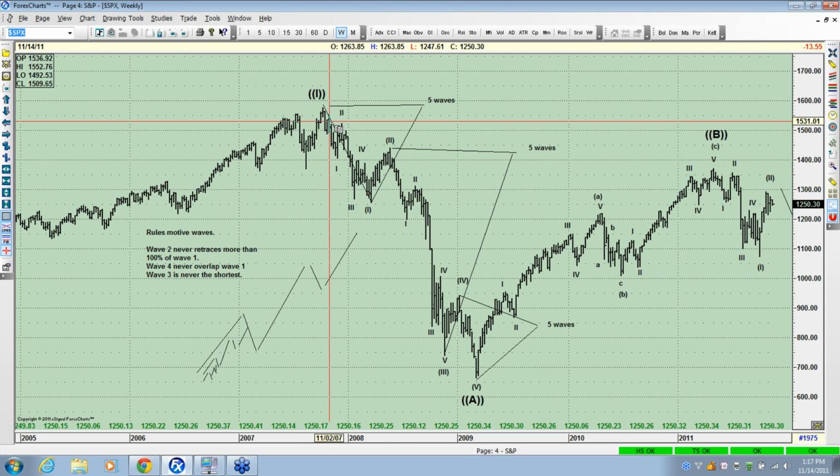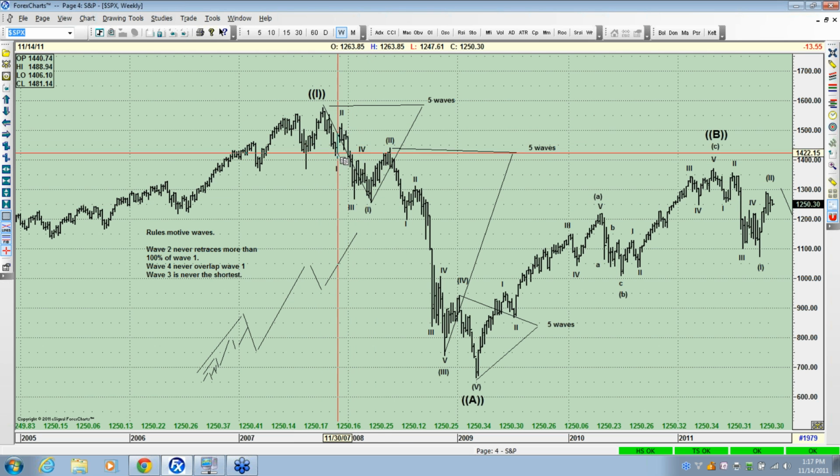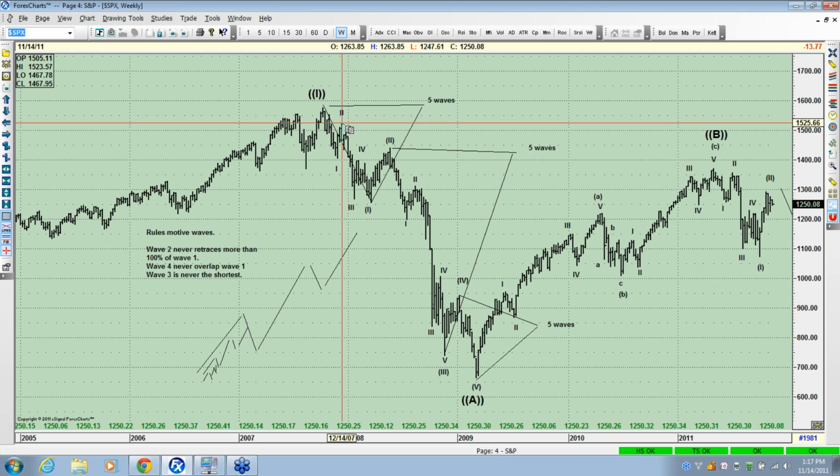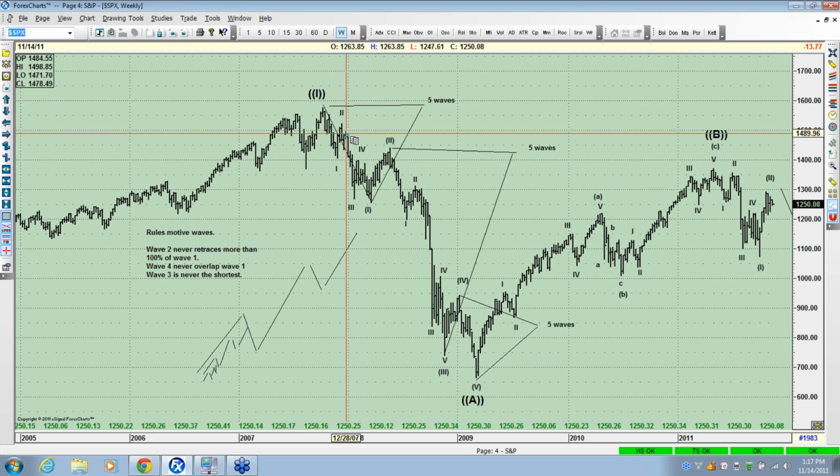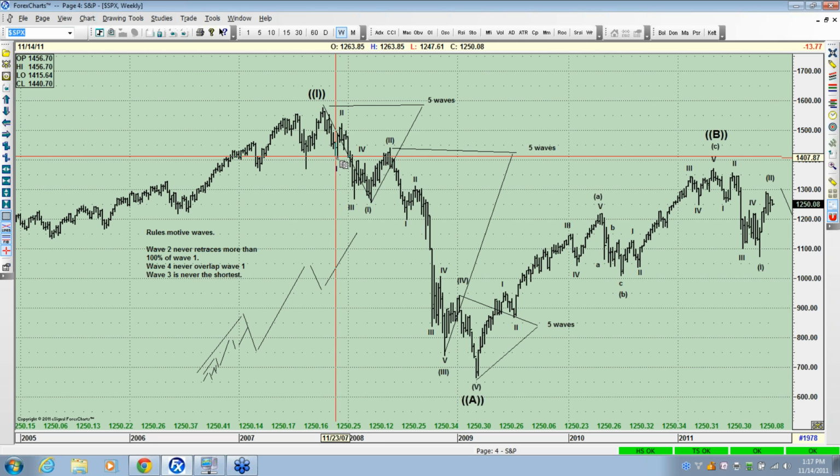And that's what it makes a 5 waves. When you can see that right here, wave 2 do not pass the beginning of 1. Wave 3 is not the shortest. And wave 4 do not overlap wave 1. That's how you get another 5 waves.